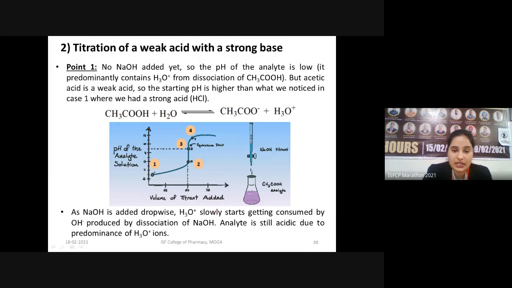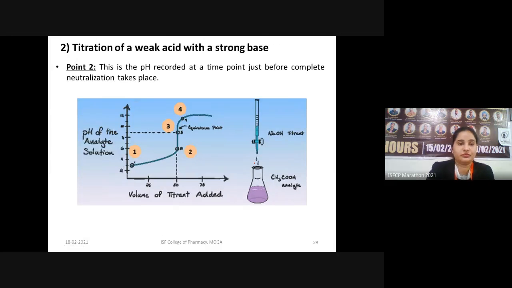Since we are adding, still the equivalence point has not been observed. So the equivalence point has not been observed till this stage. So we can say that our medium will still be acidic because the number of hydronium ions is more as compared to the number of OH negative ions. So this is point number 2.